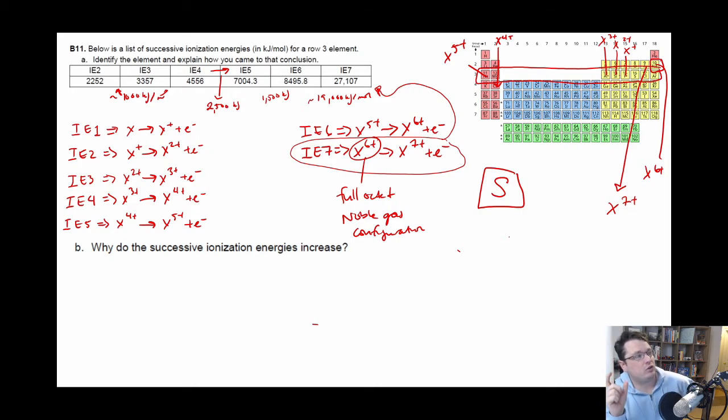And so that's where, looking at the trends, how does the ionization energy change? The ionization energy is always going to go up the more positive charge you have. Why do the successive ionization energies increase? You have to think about the fact that an atom doesn't want to have a ridiculously high charge, right?